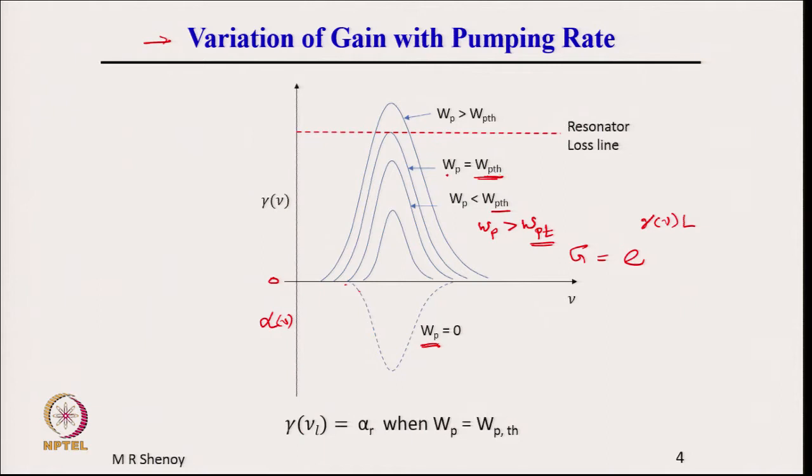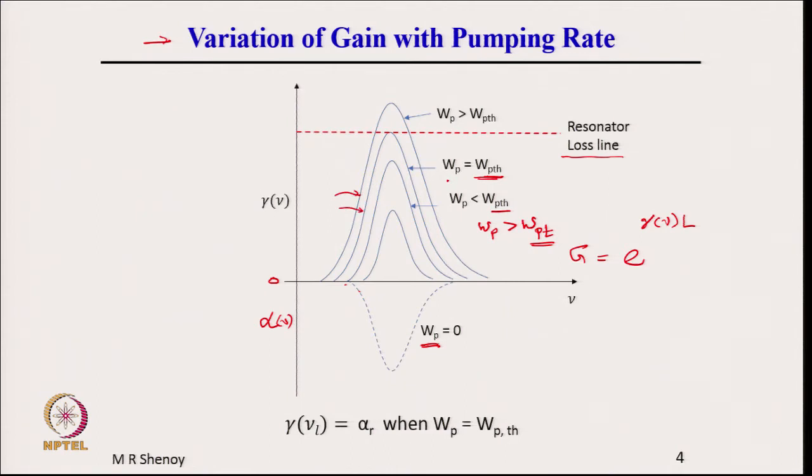So, at Wp equal to Wpth, we have gain equal to loss. We have discussed in the last lecture why this is called the loss line. So, what is shown is the resonator loss line, and these are the gain curves for different pumping rates.